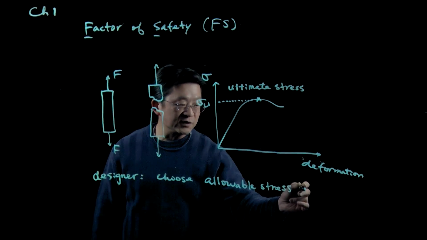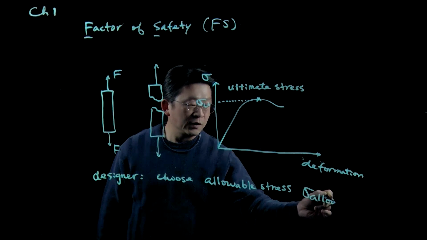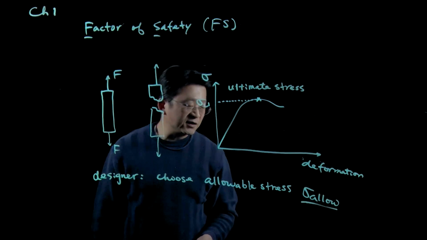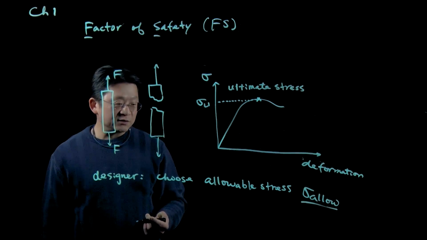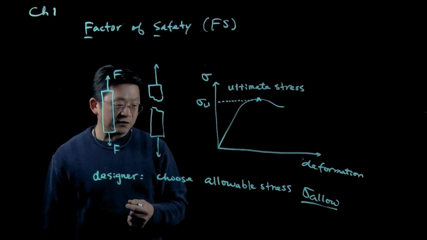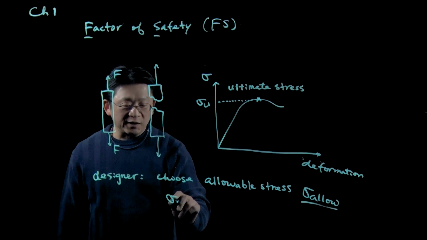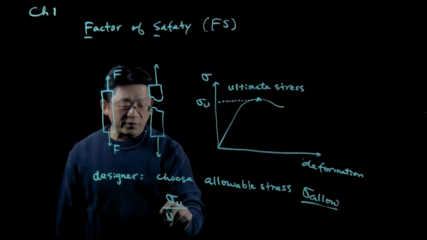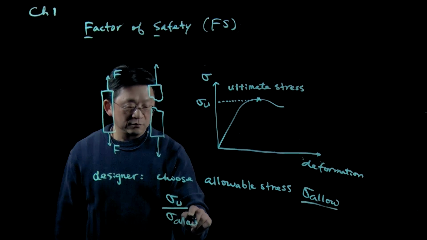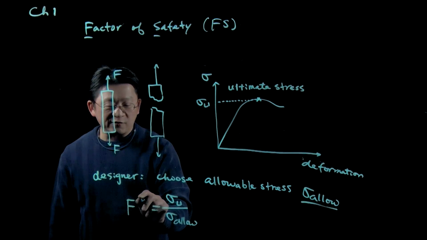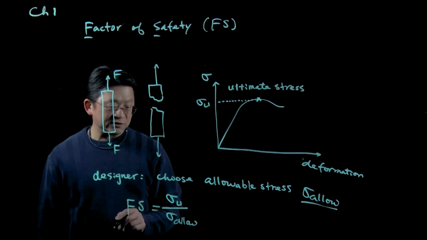This allowable stress is a number that is arbitrarily chosen by designers of the system. We divide the ultimate stress by the allowable stress, and this we define as the factor of safety.